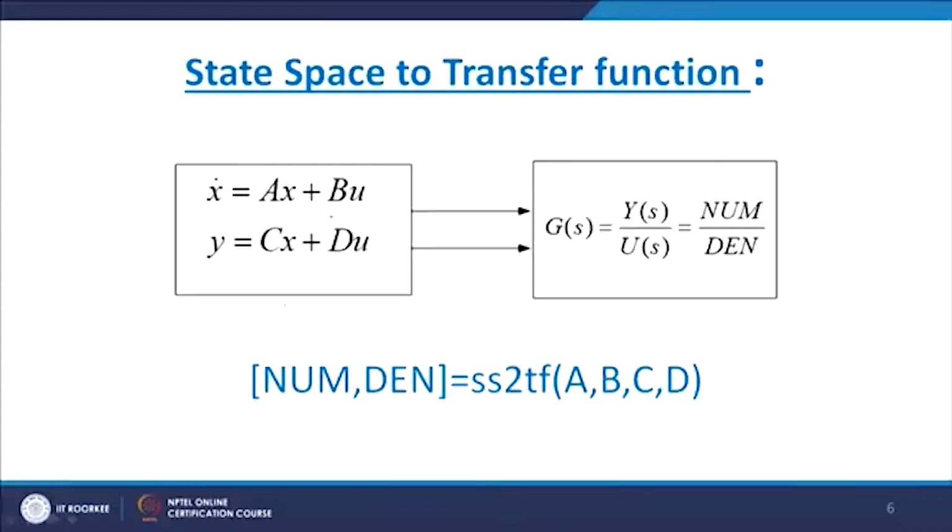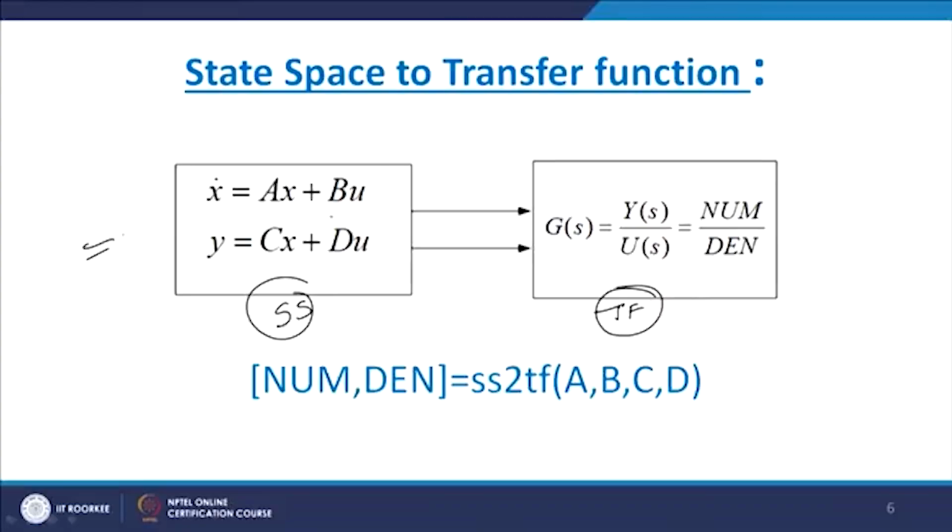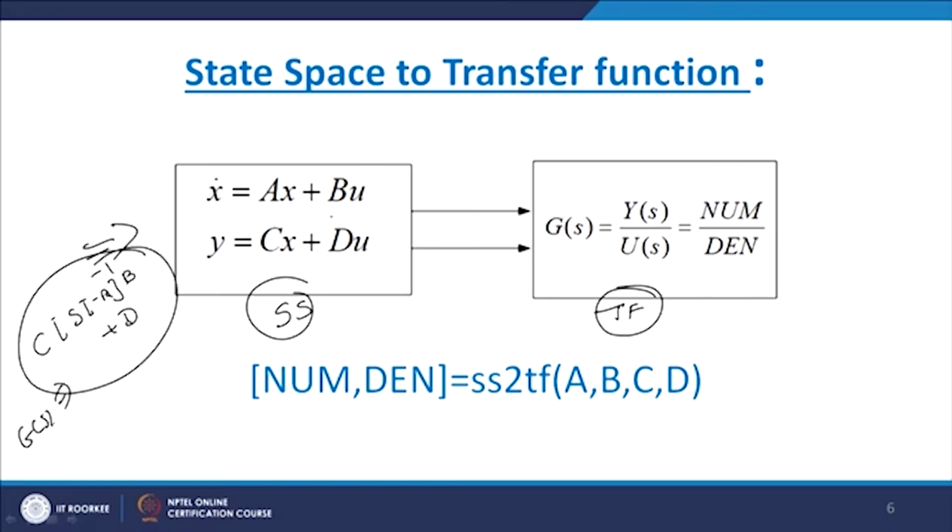Now, another part, state space to transfer function. Now, this is the state space model. Now, here is the transfer function. We have seen various algorithms for determining transfer function from a given state space model. That is, if you want to do it by manual calculations, what we can write is C times (sI minus A) inverse times B plus D, this is the transfer function, that is G of s, or we can use a Leverrier algorithm.